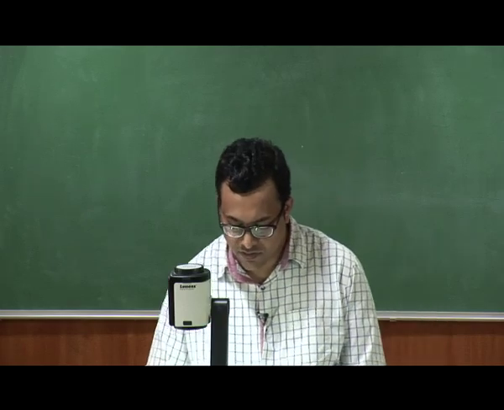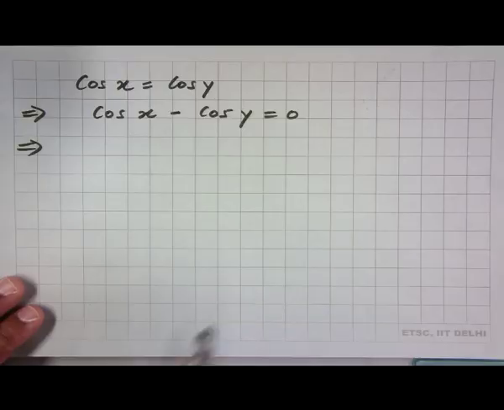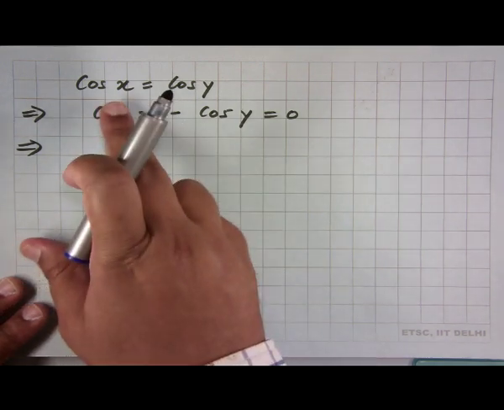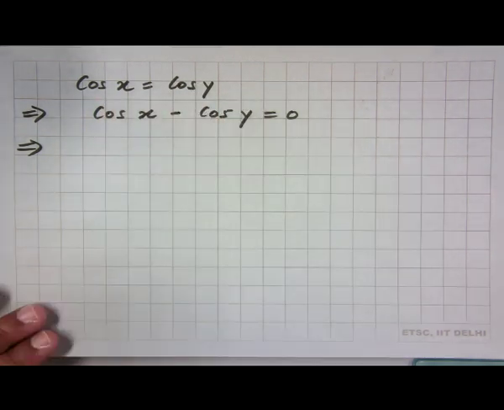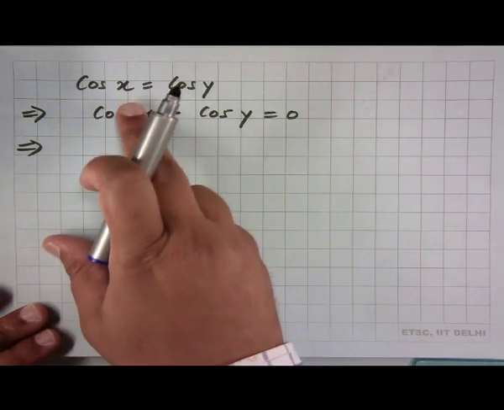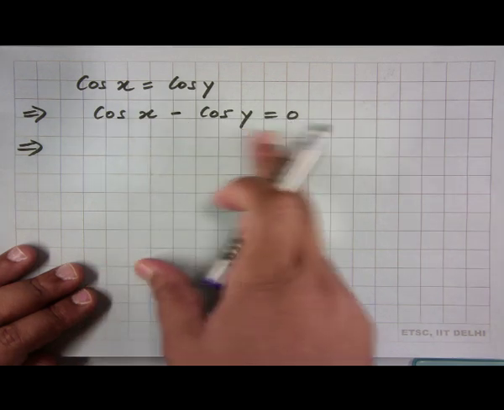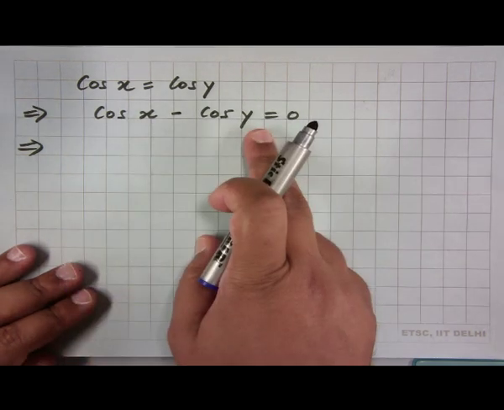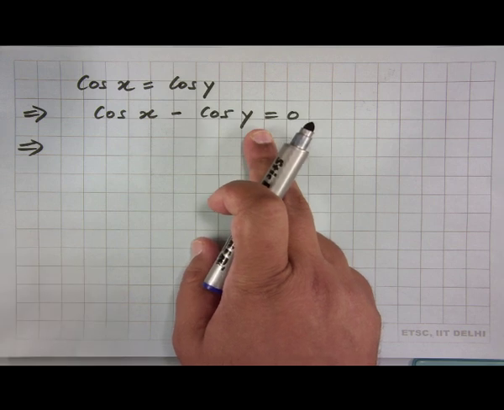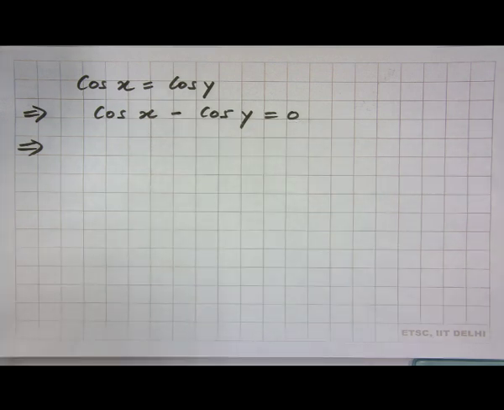We now show the reverse, that suppose if we are given that cos x and cos y are equal, then we will try to see the relation between x and y. So, from this we get that cos x minus cos y is 0. Now, this is of the pattern cos a minus cos b, which from our previous lectures we should be able to find out.